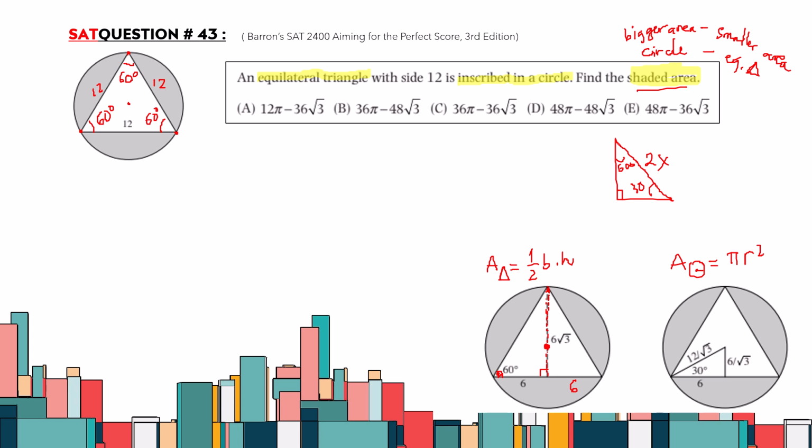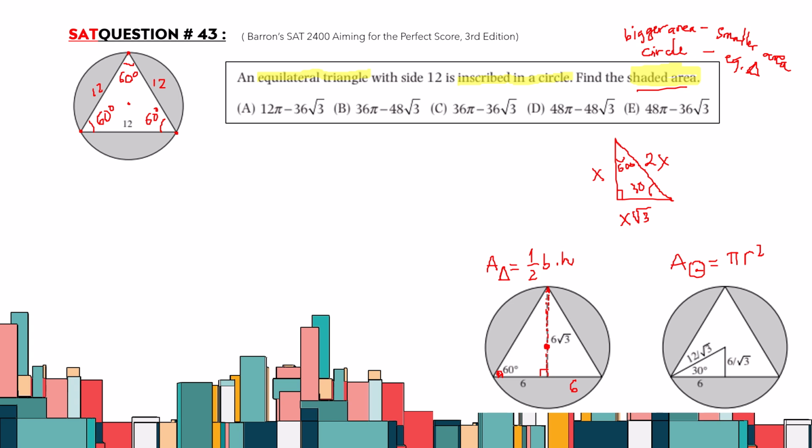And the side opposite the 60 degree will be x square root of 3. And then for the 30, it will be x. Okay, so let's plug it in, right?